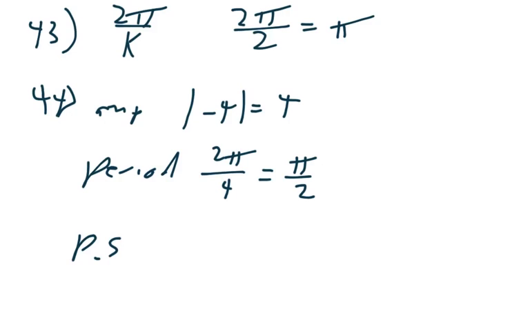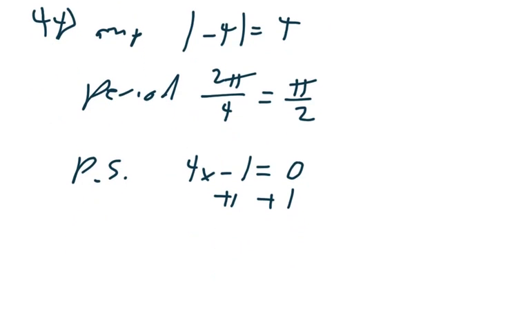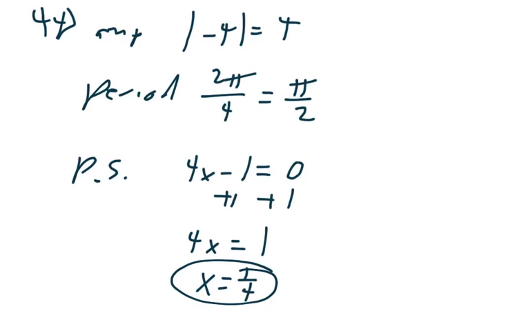And the phase shift is putting whatever is inside the parentheses equal to 0. So you add 1, 4x equals 1, x equals 1/4, and that's the phase shift.